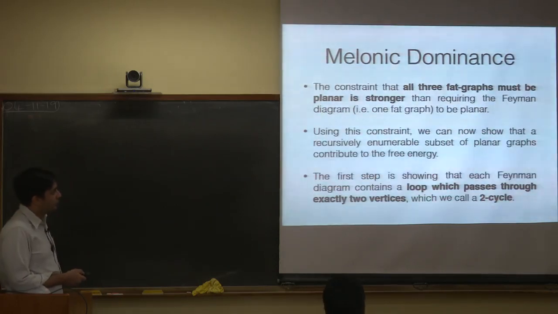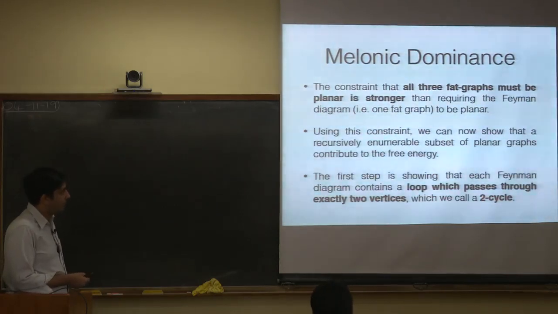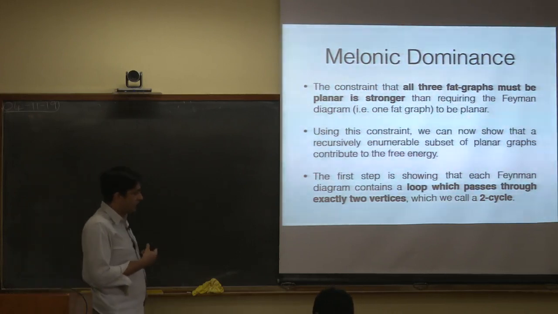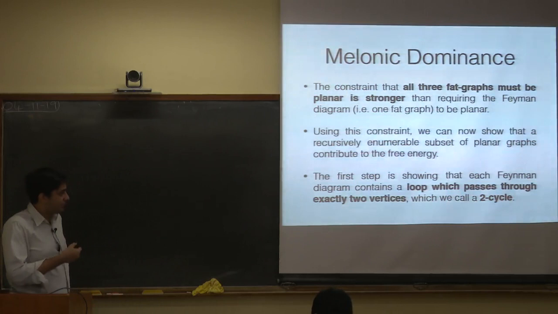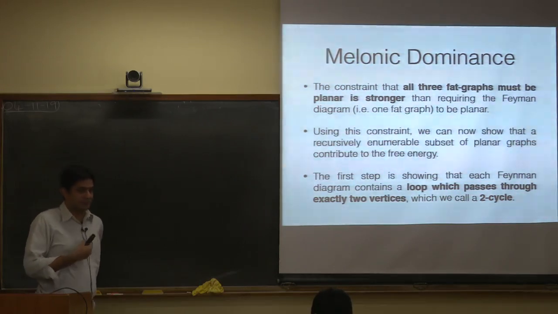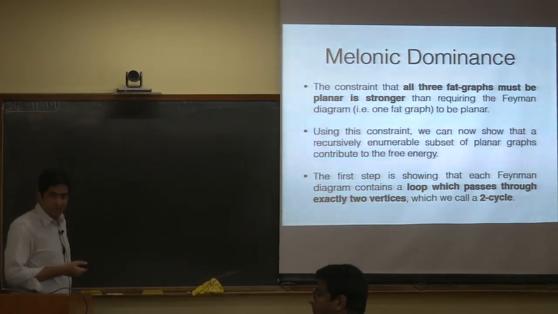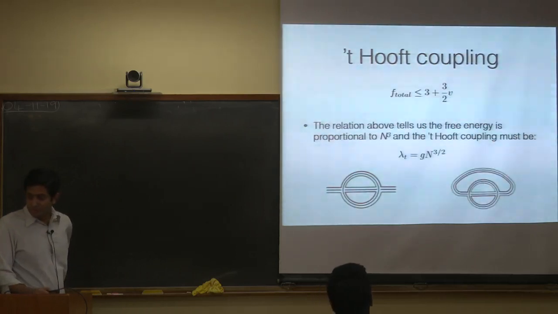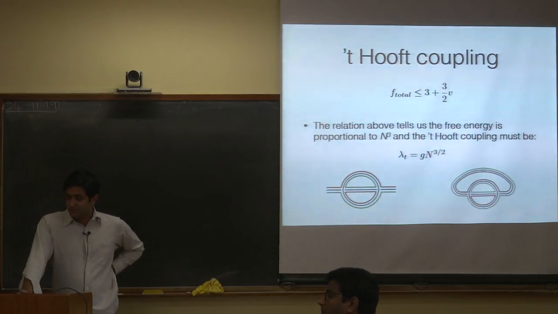Now next we want to show that those diagrams which are maximal can be enumerated by the recursive procedure I told you. So in the previous thing, you showed that the maximum power of n that you get is that. Yeah. But maybe that is equal to the one that is given by the melonic diagrams.